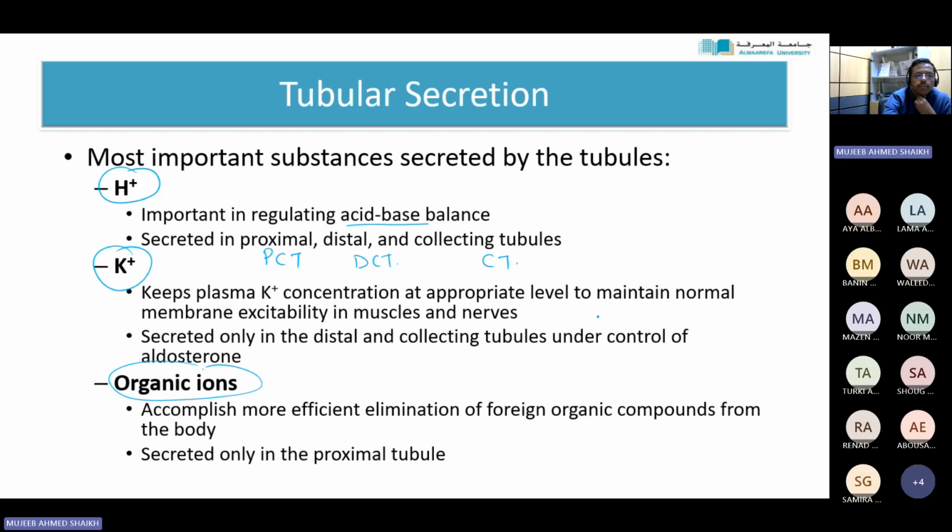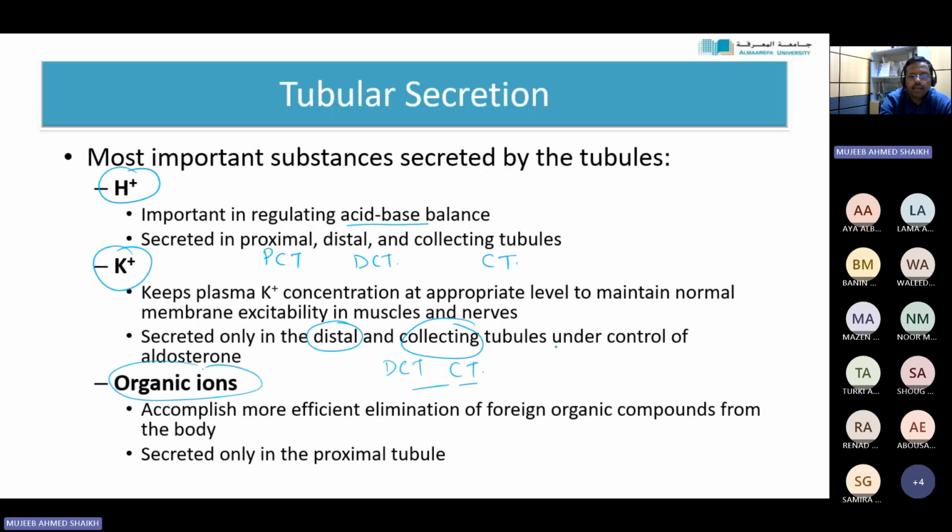Is it very high? How much is the normal potassium level? I told you in the previous lecture also. 3.5. So potassium is secreted only in the distal and collecting tubule, whereas in other places it is reabsorbed. So DCT and CT are the two places where potassium is secreted.